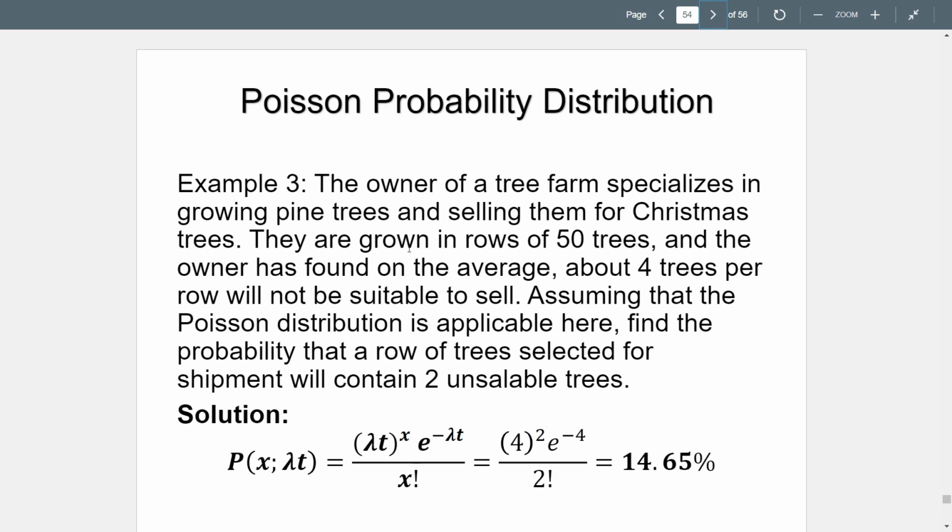So 4 trees per row will give us the lambda, and 2 unsaleable trees will be our x. So you'll have 4 for lambda, 2 for x, e raised to negative lambda, and then this is x factorial.